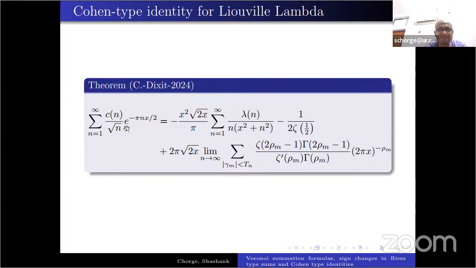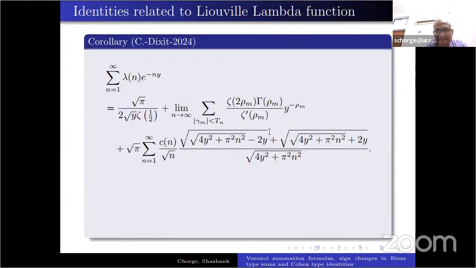We can see there is an exponential decay on the left hand side, and this function on the right hand side. For lambda, if we use exponential decay, that is e to the power minus ny, then we get a nice function like this. And this is an explicit evaluation, by the way.